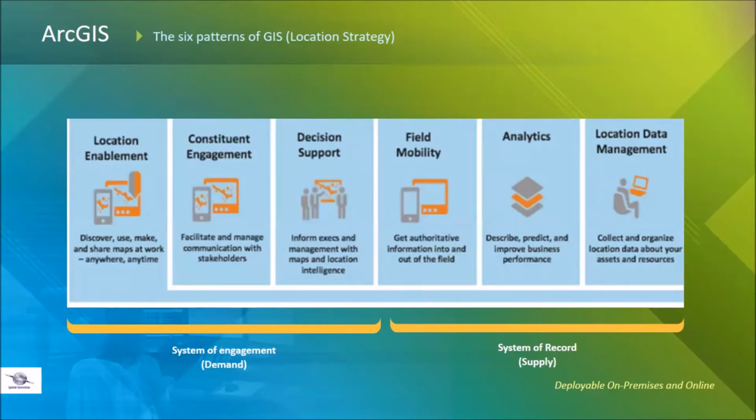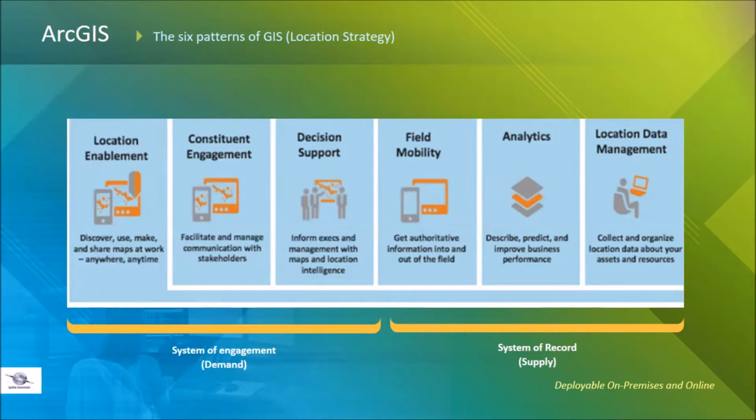So you have field mobility, and this represents executing workflows to support the exchange of information to and from the field, supporting out-of-office business operations. This pattern assists with improved visibility of field aspects of your organization and improved workforce scheduling, among others. Fifth, you have analytics, and this involves the application of analytical techniques to obtain actionable information from geographic data.